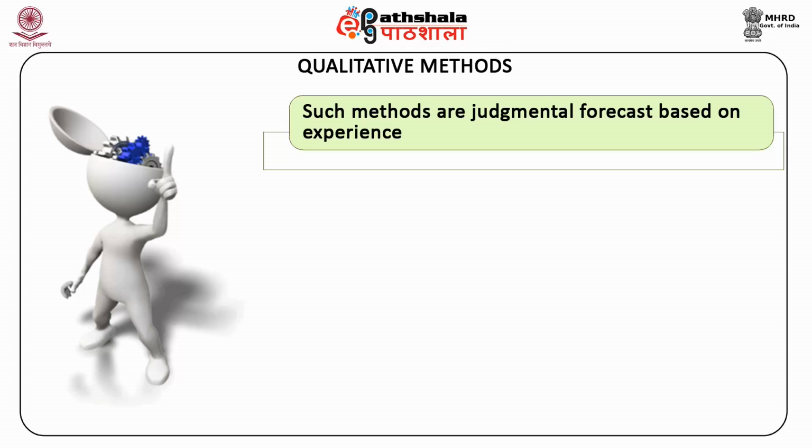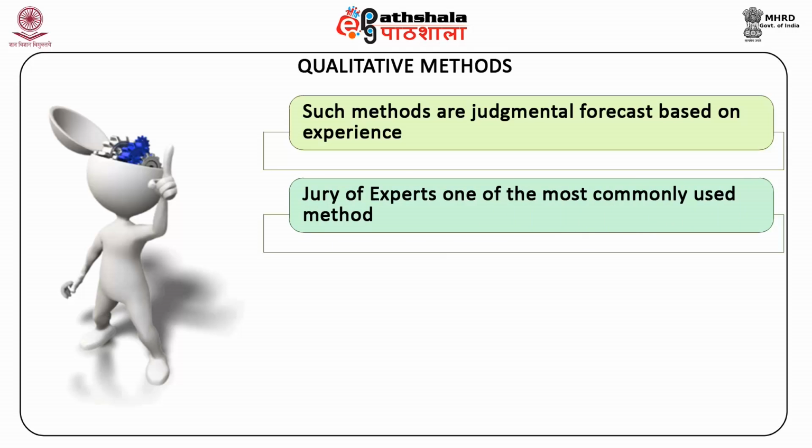First one is the jury of experts. It is one of the most commonly used methods. Views of different experts of a subject on future estimates are put together to generate a common number: estimated sales, outputs, profit from a project.